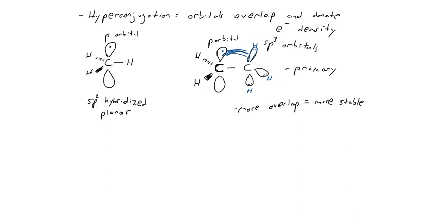So that means we can remember, and this is going to come up very, very often as we move further in organic chemistry and look at more types of reactions: tertiary is more stable than secondary, which is more stable than primary, which is more stable than methyl.